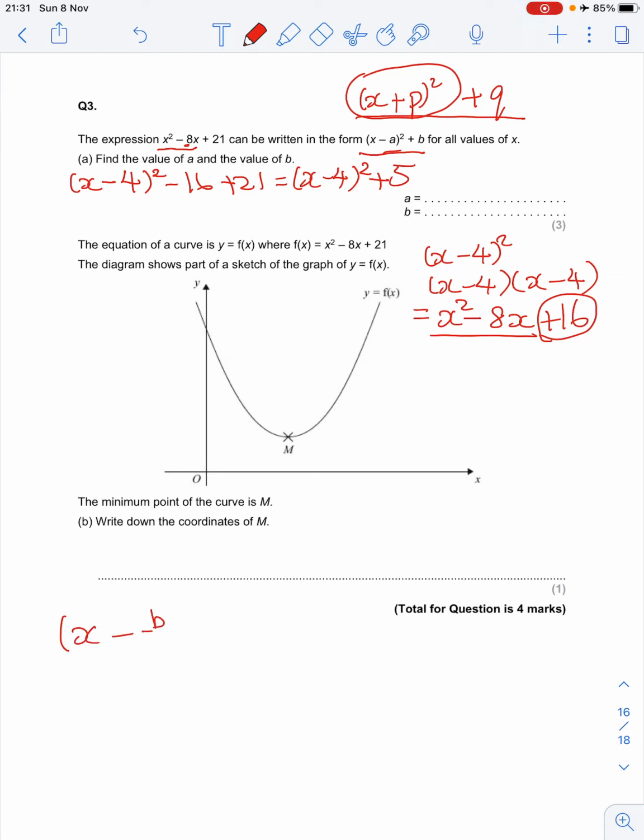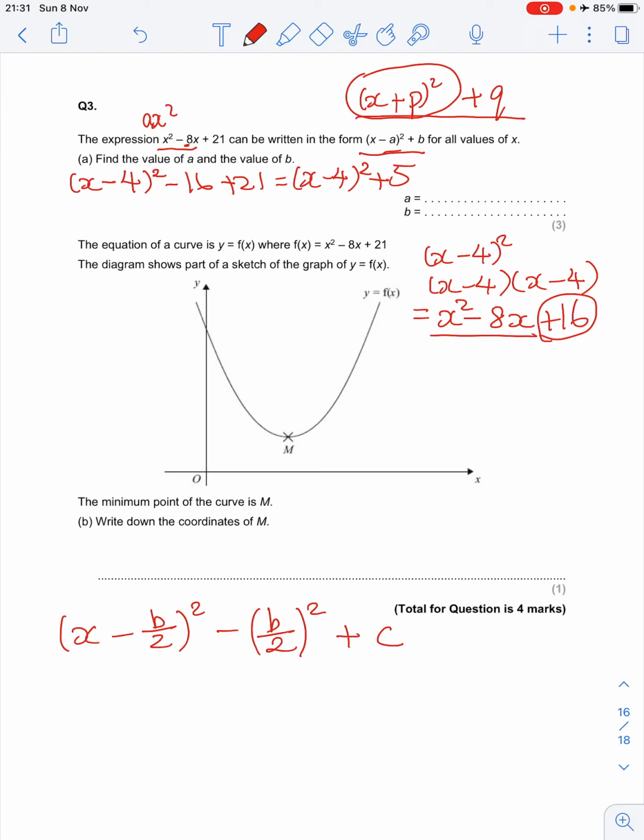Method 2 we could use is the formula. So we have x minus half of b, squared, plus half of b squared, minus half of b squared, then plus c.